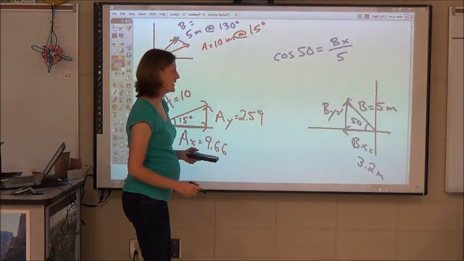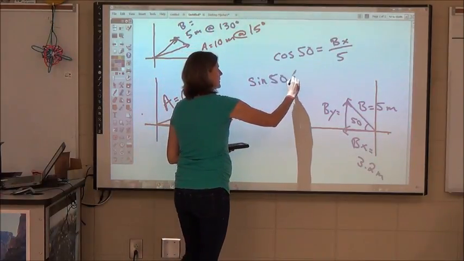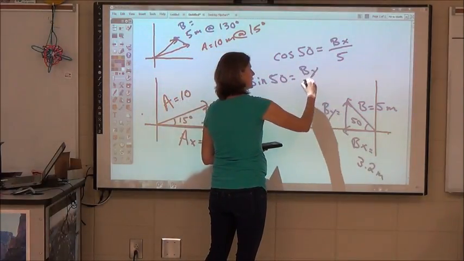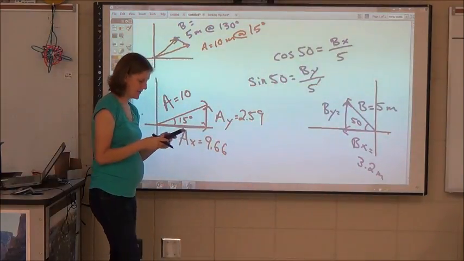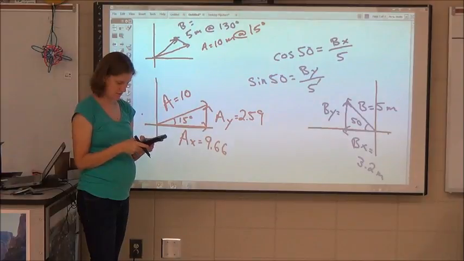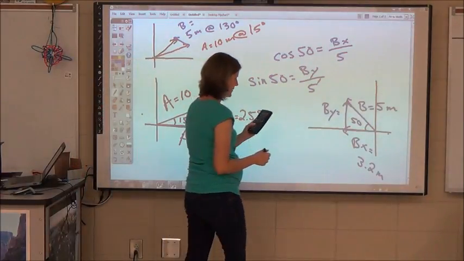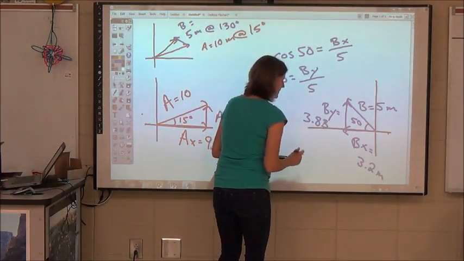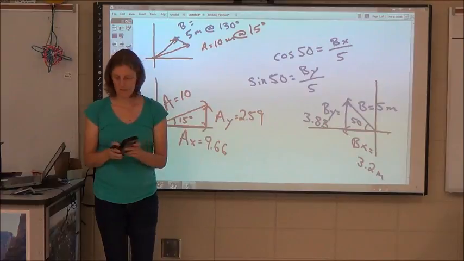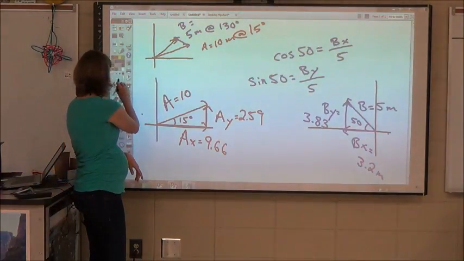And then BY is going to be sine. So just sine of 50 times 5. And I get 3.83. All right, I'm going to erase that math. I'm trying to save a little room.